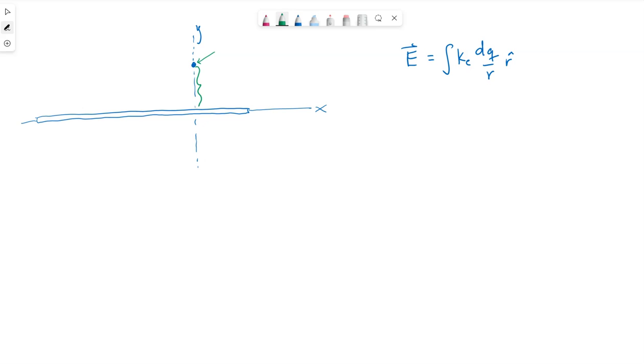It is going to have some distance. I'm going to just call it lowercase a. So some distance up above this charge distribution. So this thin wire I've drawn represents our charge distribution lambda.